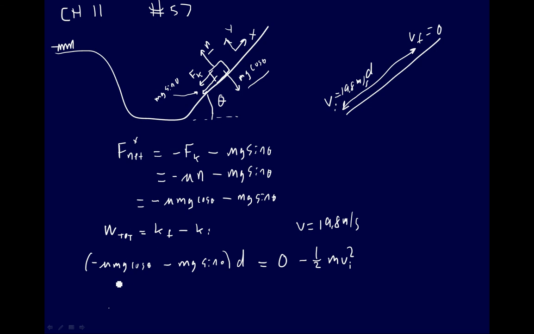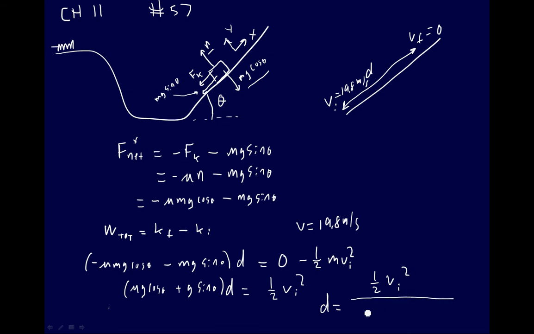In this problem the masses cancel and also the negative signs cancel, and I get this equation: mu g cosine theta plus g sine theta, times d, equals 1/2 vi squared. If you solve this for d, it's kind of nasty, but I got something like this right here.